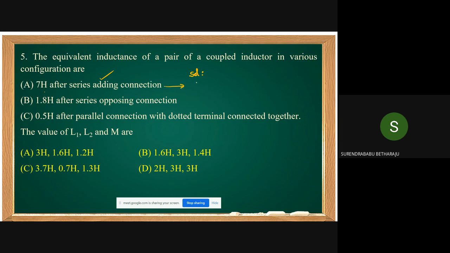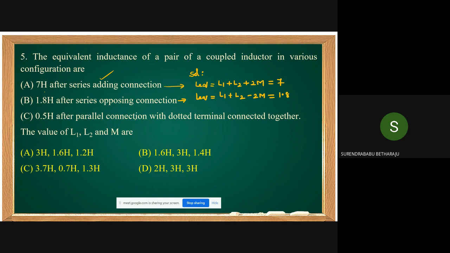Series aiding means L equivalent is L1 plus L2 plus 2M. This is 7 Henry. 1.8 Henry after series opposing connection. In this case the equivalent inductance is L1 plus L2 minus 2M. This is 1.8.